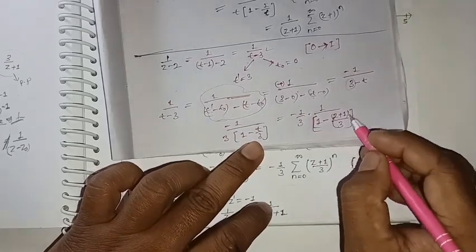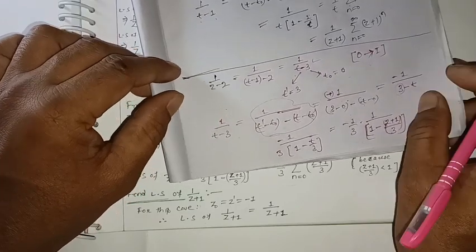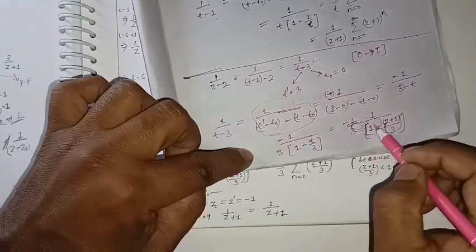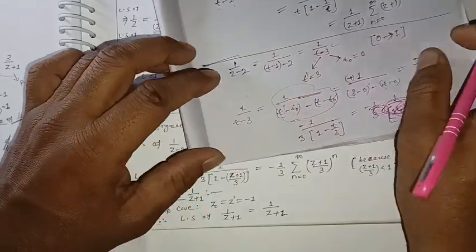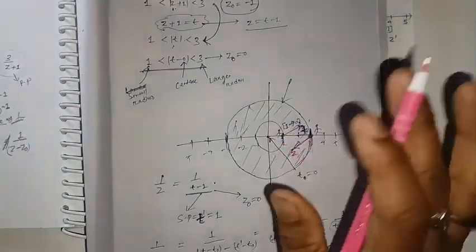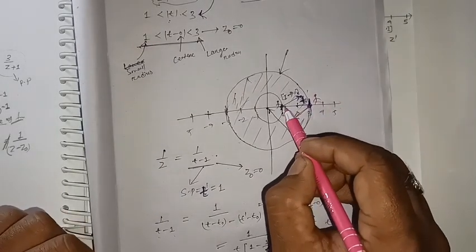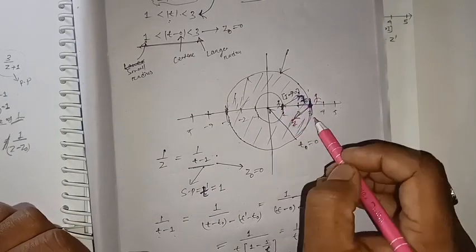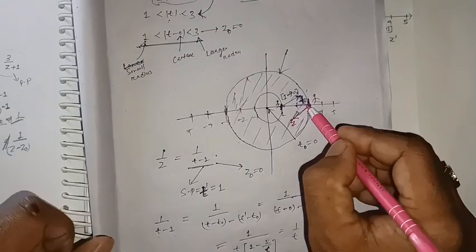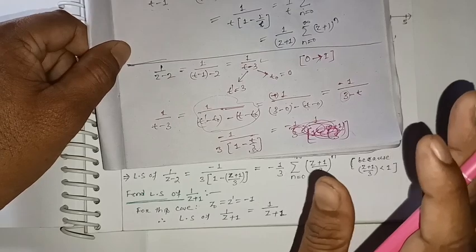First we have to write the series, then we have to put the t value. Here t by 3 in this region is always less than 1. Consider 1.1 divided by 3, less than 1. Here 2.9, 2.9 by 3 is also less than 1. So t by 3 is always less than 1.